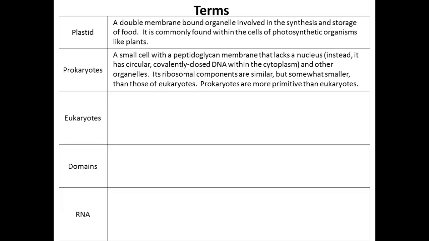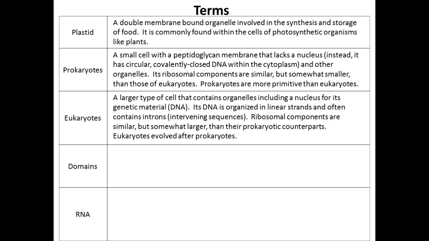It's not sequestered into a membrane. It has ribosomal components, right? Remember, these are used to make what type of molecules in our cells? Proteins, right? All cells have to have that ability. So all cells have ribosomes. They're smaller, though, than eukaryotes, and they're a little bit different, but the functionality is the same. They tend to be what some people refer to as more primitive than eukaryotes, so not quite as complex.